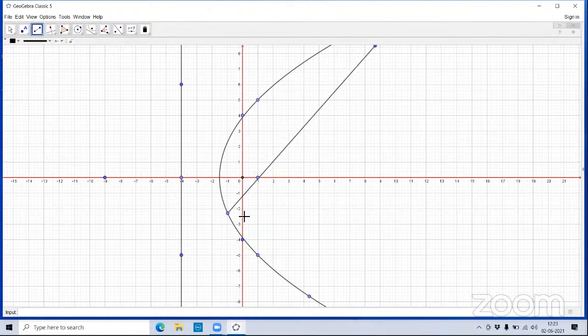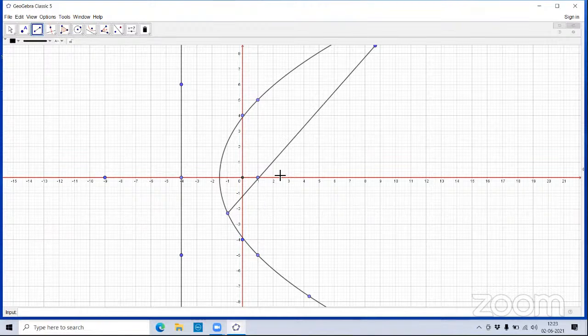This is the chord and it intersects the parabola somewhere, and it is passing through the focus. Therefore, this is only a focal chord. A chord is only the join of 2 points and it is passing through the focus, so it is a focal chord.